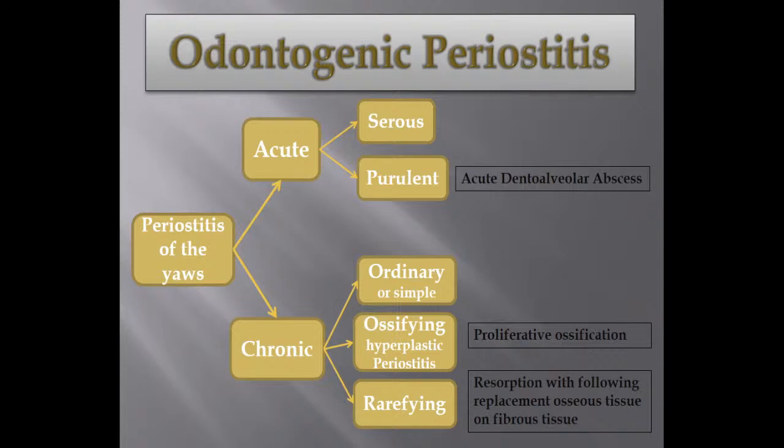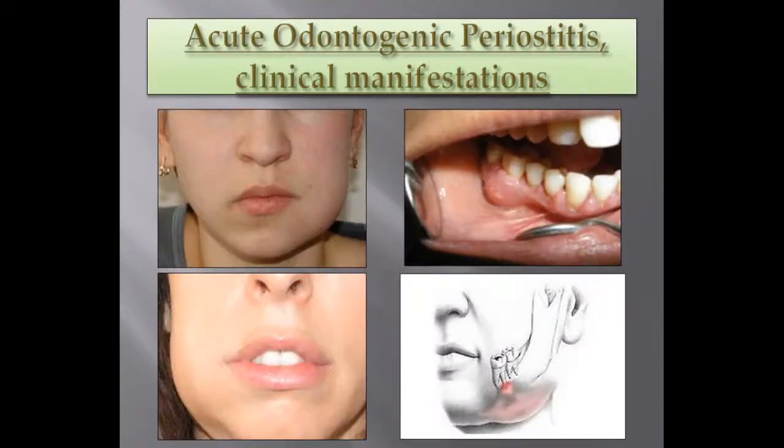Acute purulent cellulitis, or acute purulent odontogenic periostitis, we can name an acute dental-alveolar abscess. This periostitis is characterized by the spread of the inflammatory process to the periosteum of the alveolar process and the body of the jaw.